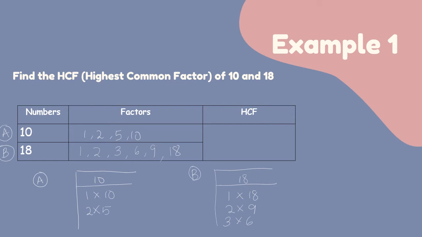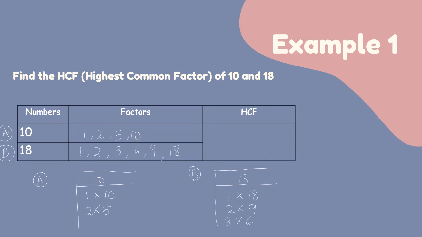So now we are picking the biggest or the highest common factors between number A and number B. So we have 1 and 1. They are common. They are the same. 2 and 2. We don't have a 5 in 18. We don't have a 10 in 18.